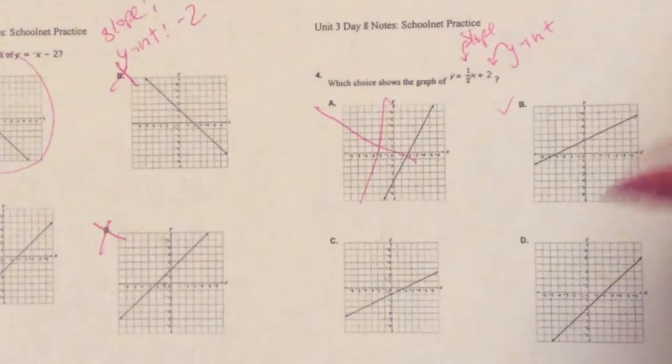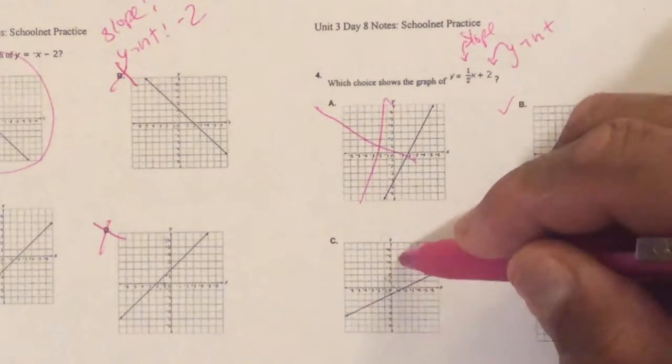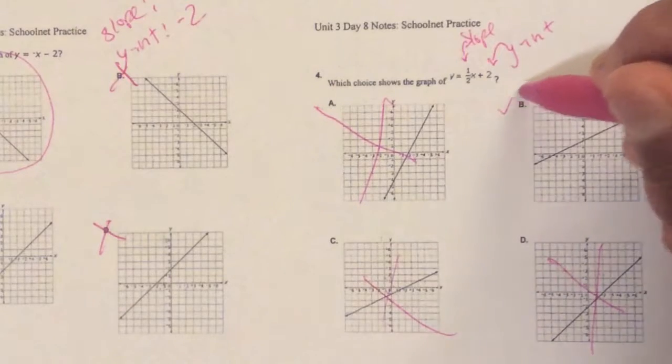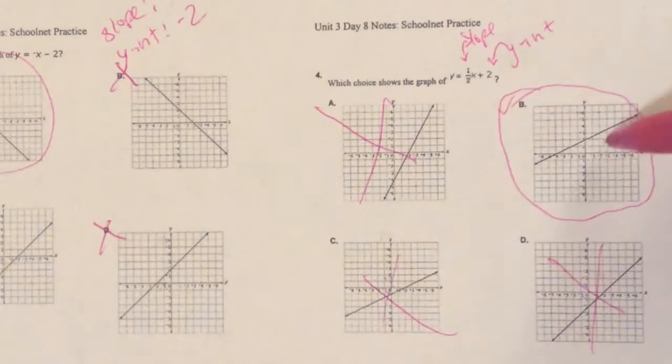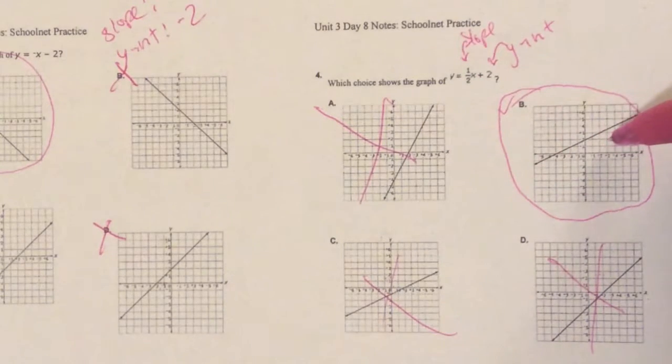This is 2, that checks. This is not 2. This is not 2. So the only one that will make sense will be letter B, because that's the only one that has a y-intercept of 2. And if you notice, it's increasing because the slope is positive. And if you did the rise over the run, you would get 1/2. Okay, moving on, go to the next page.